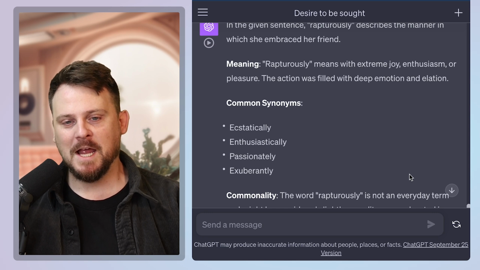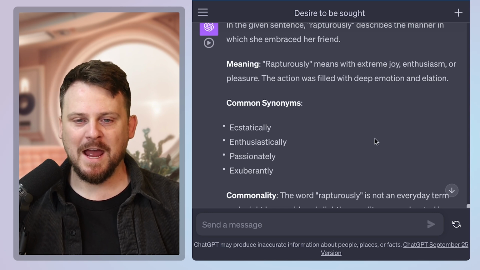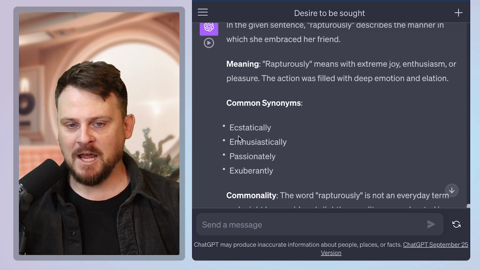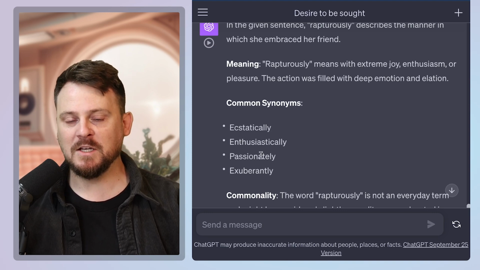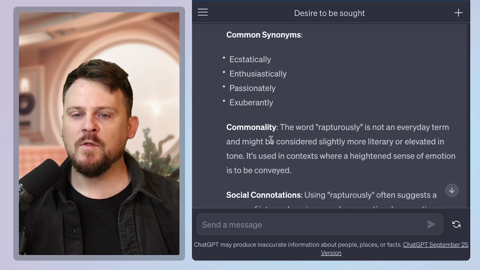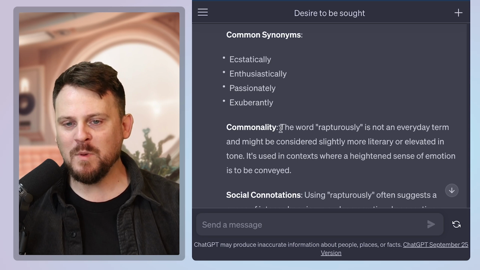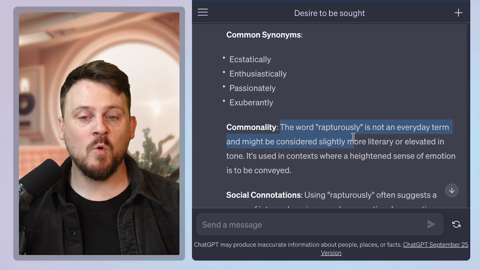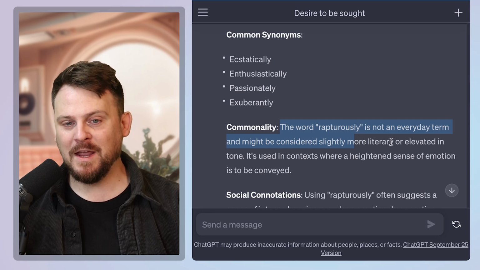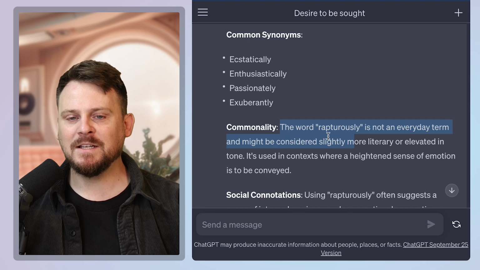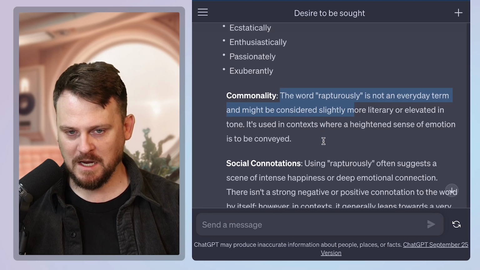He's cool. Let's see. So synonyms would be words that have the same meaning. Ecstatically, enthusiastically, passionately, exuberantly. Okay, good. The word rapturously is not an everyday term and might be considered slightly more literary or elevated in tone. It's used in contexts where a heightened sense of emotion is to be conveyed.